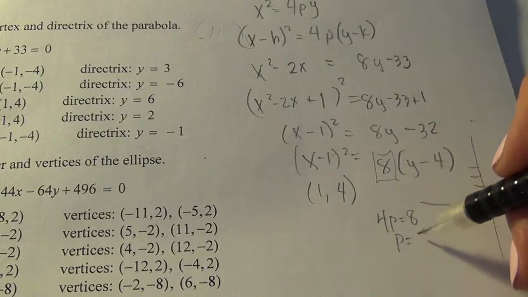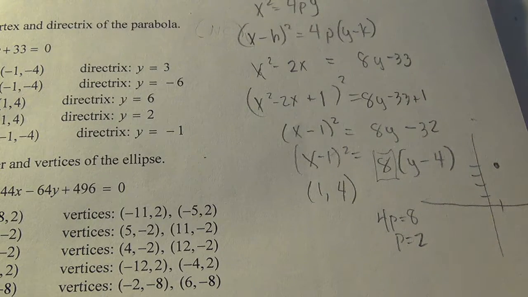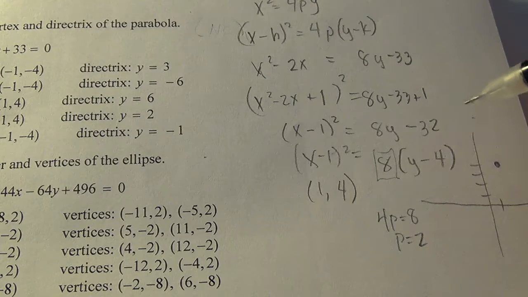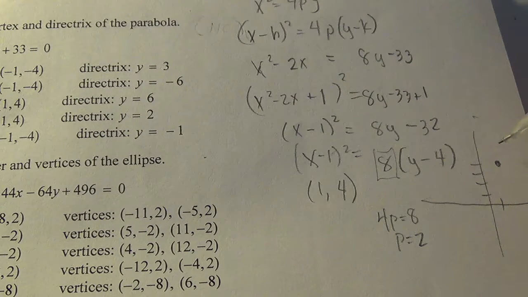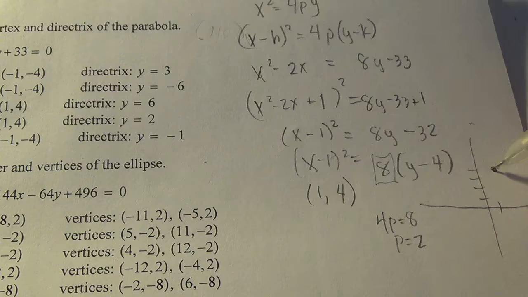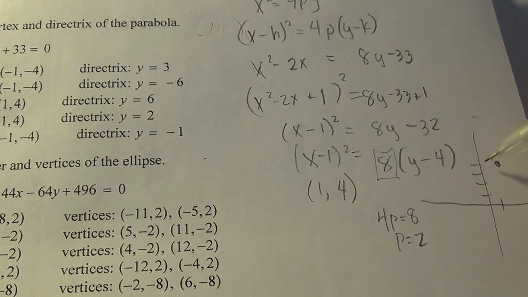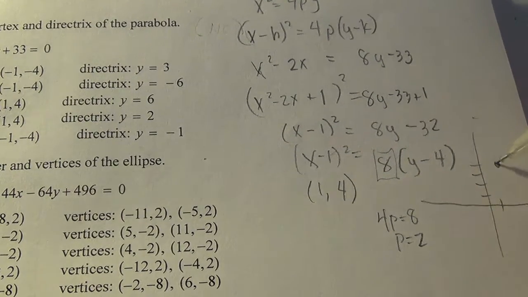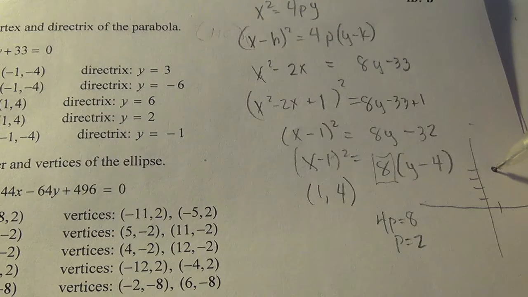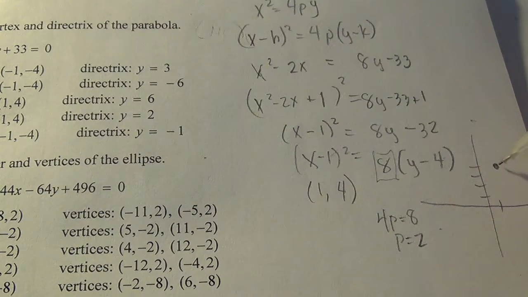So p equals 2. So that tells me that the value for the directrix is going to be 2 away from the focus. And it's always p, I'm sorry, from the vertex. Vertex to the directrix is p, and vertex to the focus is p.